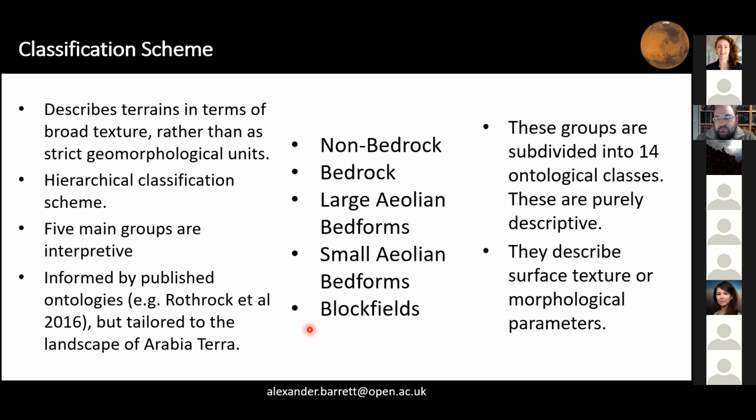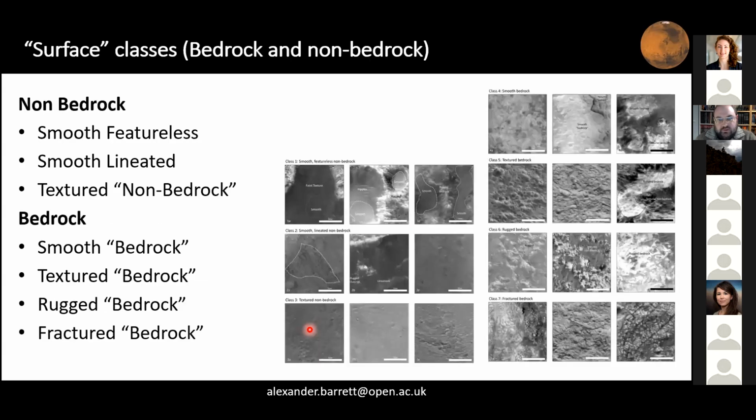These groups were then subdivided into 14 ontological classes, which I'll show you some brief examples of here. So we have 3 non-bedrock classes, which you can see, or I hope you can see, very small examples here.